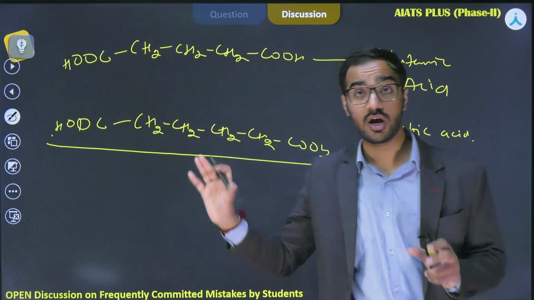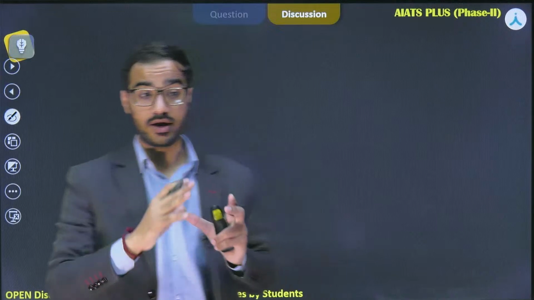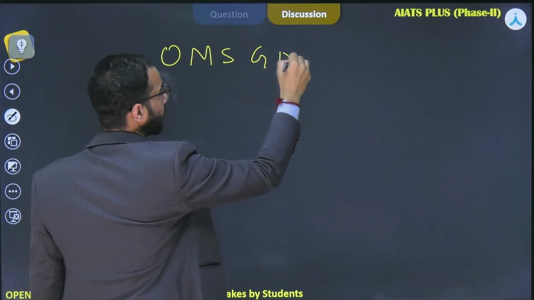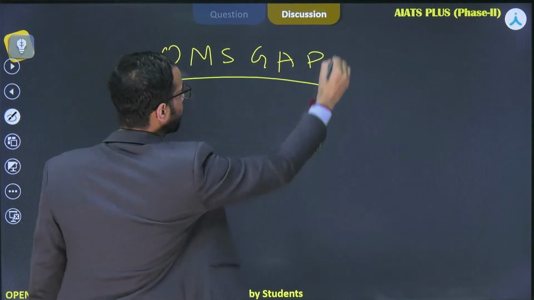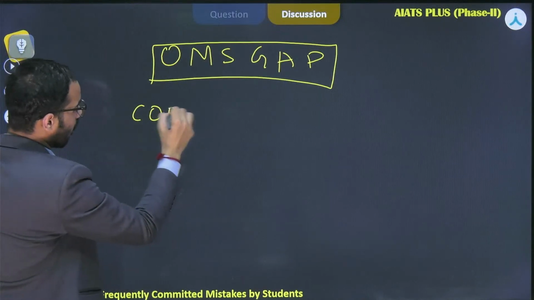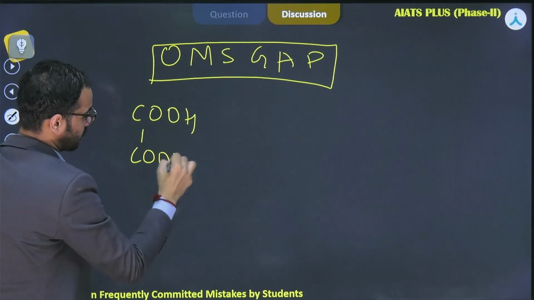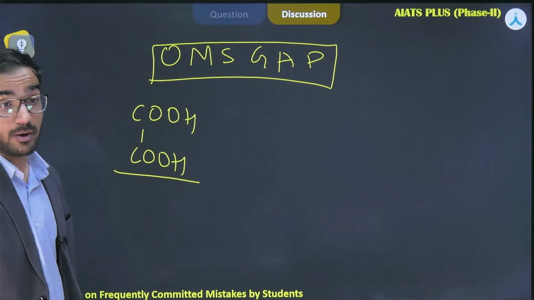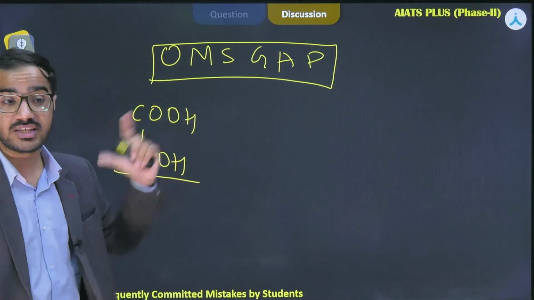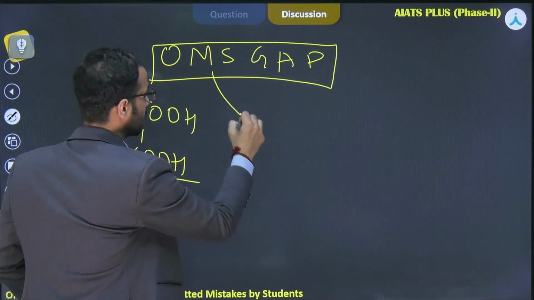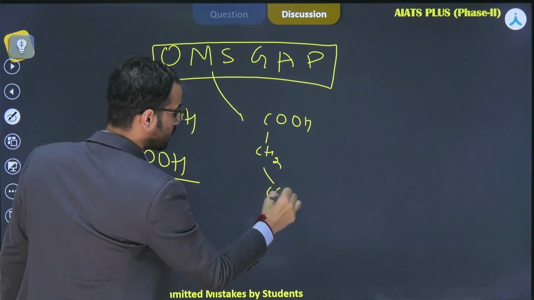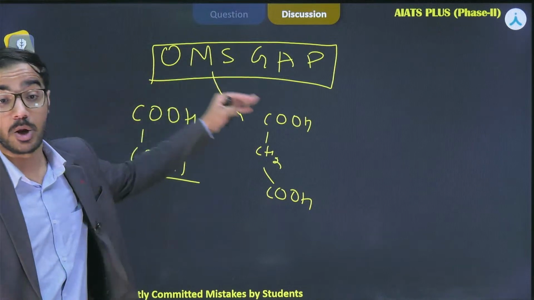In order to learn this, you should be having one mnemonic called Ohm's gap. It will be very helpful for you. It means if you are having COOH, we all are aware about this, this is oxalic acid. When you are adding one CH2 in between them, COOH, CH2, COOH, this is malonic acid.